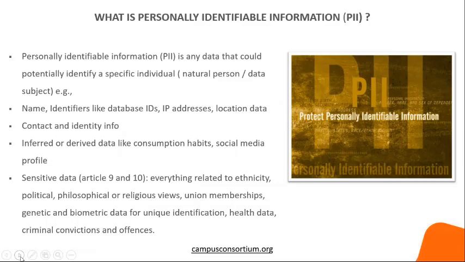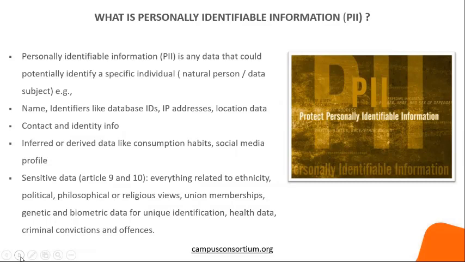So the IP address of my personal home network also comes under PII. And location data, contact and identity information: anything that refers or points to a particular person is called personally identifiable information or PII.